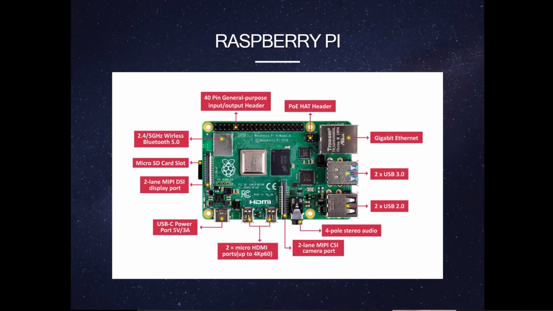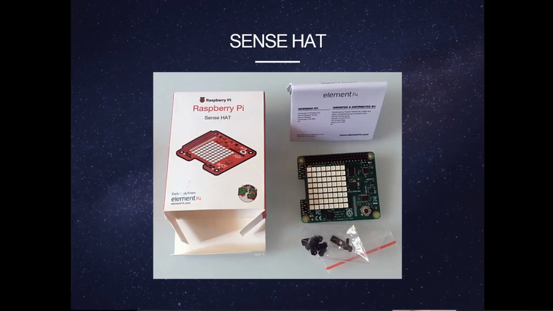It has Wi-Fi, it has Bluetooth, and all these. It is a computer by itself, right? All you need is a micro SD card to run your application inside there. There's also a Sense hat that you can place on top of the Raspberry Pi to add sensor data to it.